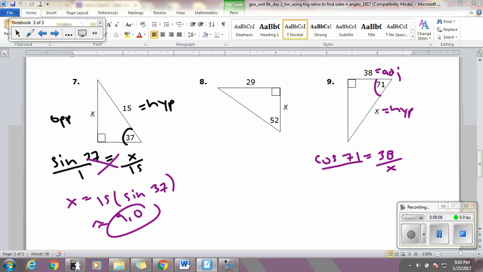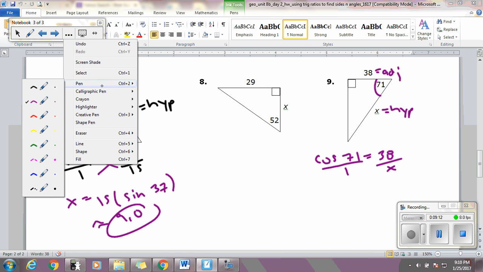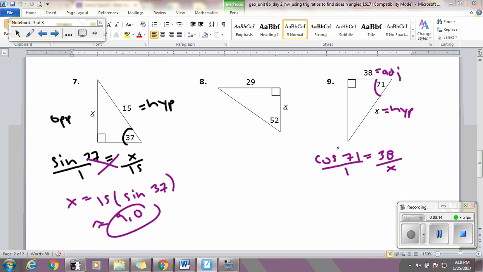Put cosine 71 over 1 and cross multiply. You would get 38 is equal to x times cosine 71. Divide both sides by cosine 71. So x is equal to 38 over cosine 71.